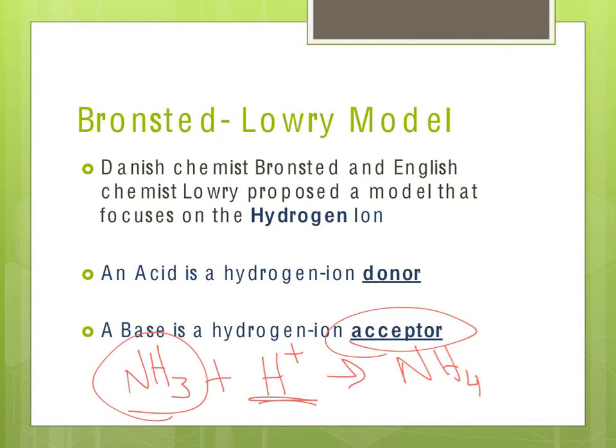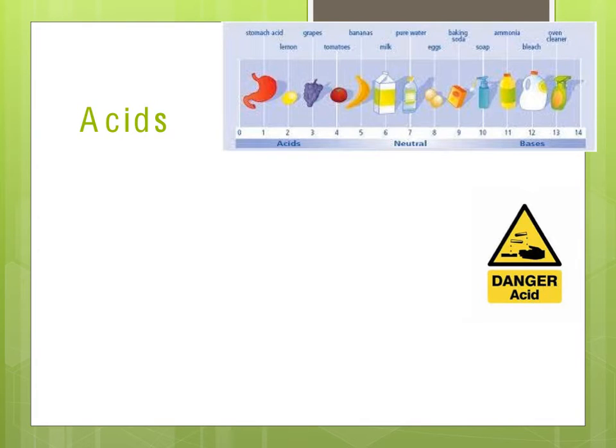So now we're going to move on and talk about some characteristics of acids and bases and how we can identify them. These characteristics, of course, are not completely 100% always true, but they are generally effective. And some of these things you wouldn't want to test one way or the other. For example, the first characteristic of an acid is that they are substances that taste sour.